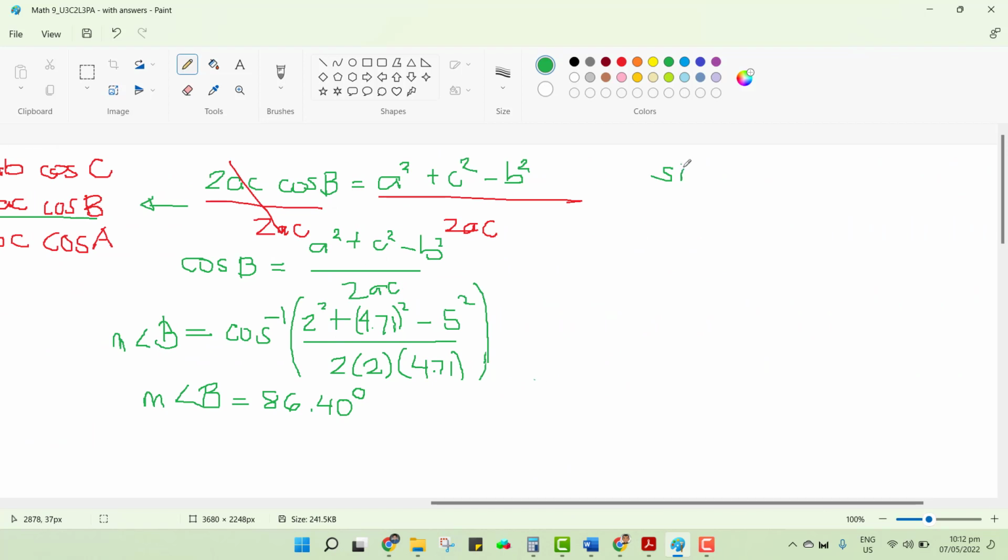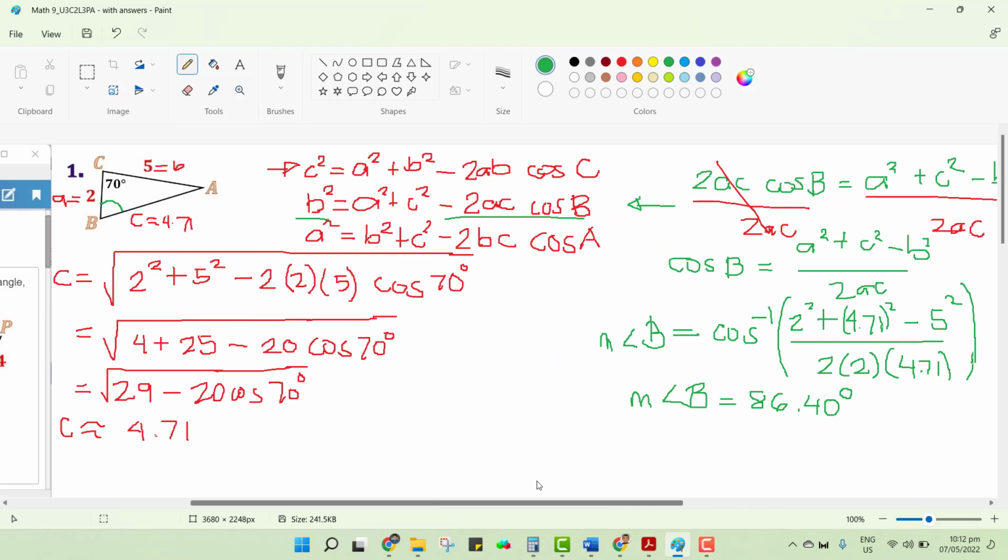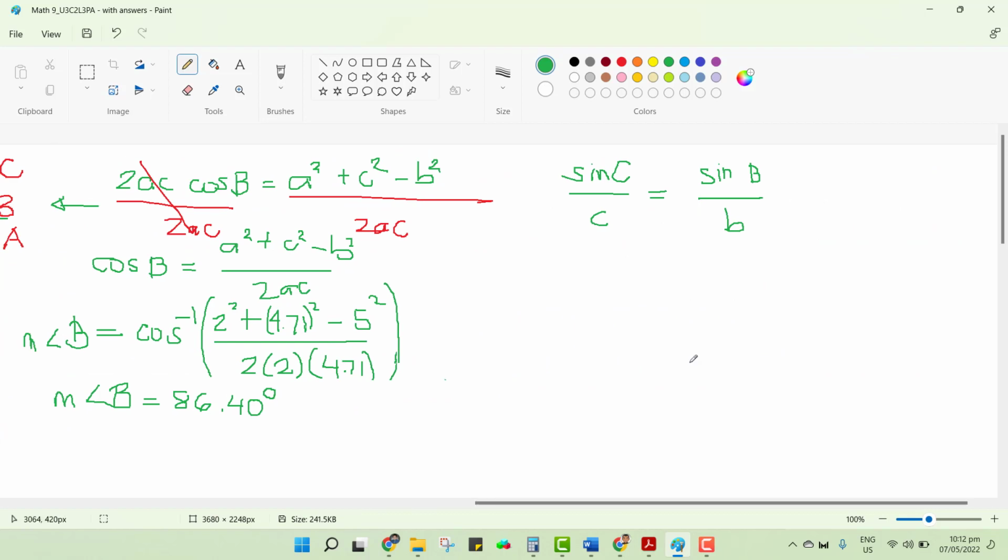The law of sine allows us to use the value of the given included angle, C, and the solved measurement of side C earlier is equal now to the sine of angle B, which is what we would like to solve, and then the already given measurement for B.